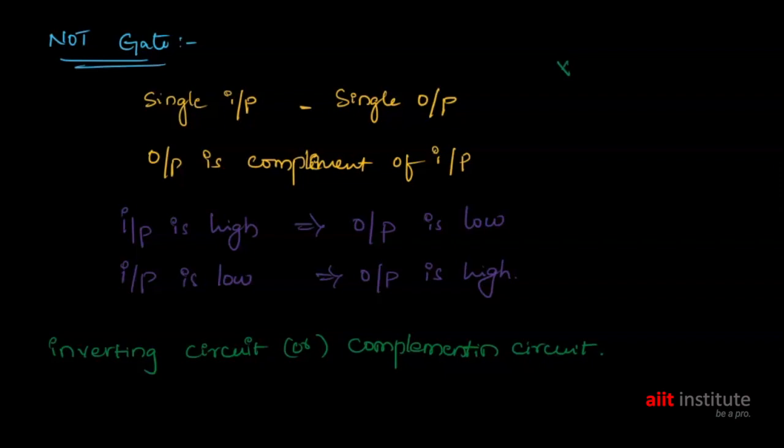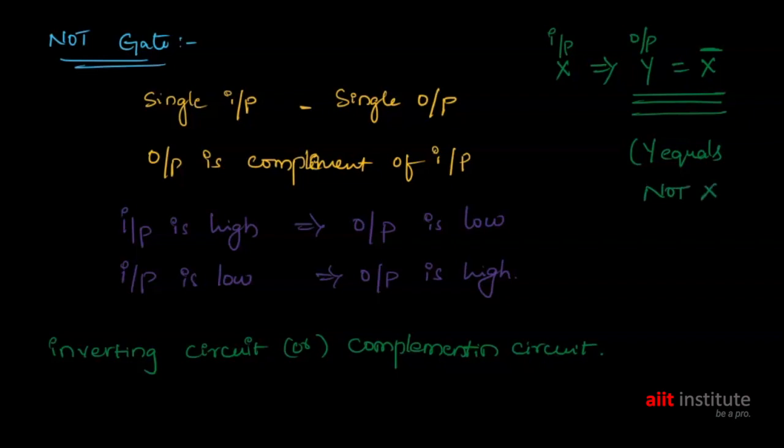Suppose x is the variable, then its output will be y equal to x bar. X is input, y is output. So its expression can be written as y equals x bar. You can also call it NOT x. Y equals NOT x. That is how it should be read.